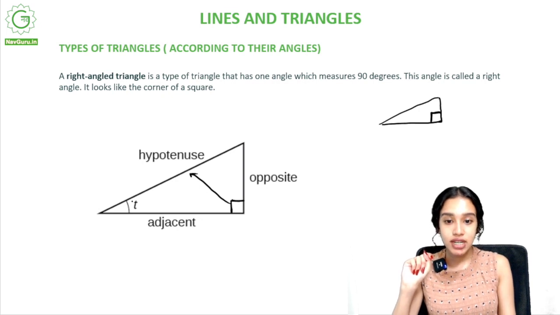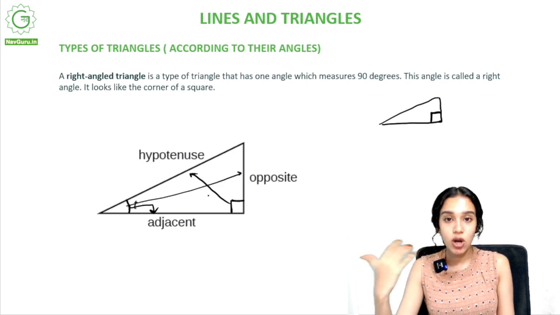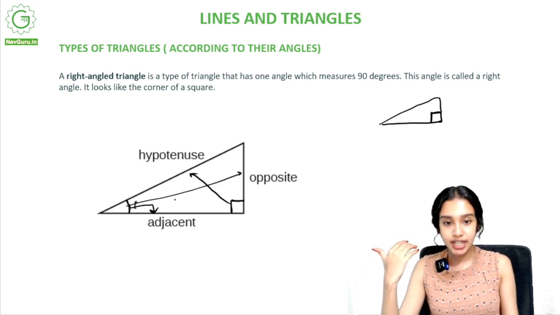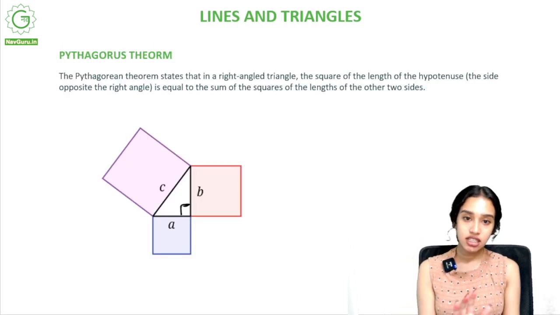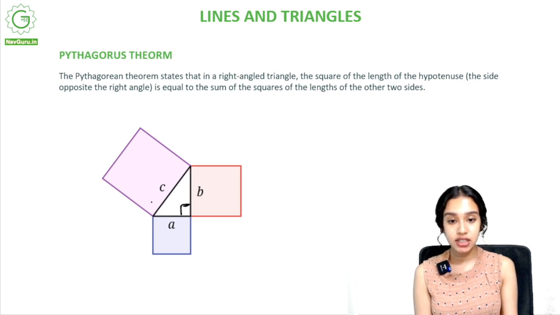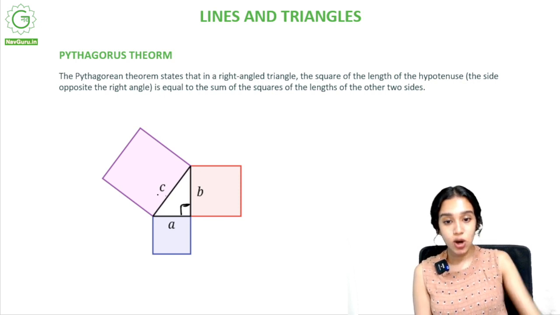Now when we are considering an angle here, any one of the angles, the line which is closest to that angle is called the adjacent side, and the line which is opposite to that angle is called the opposite side, right? Now here in this triangle, let's find the hypotenuse, adjacent side and the opposite side.